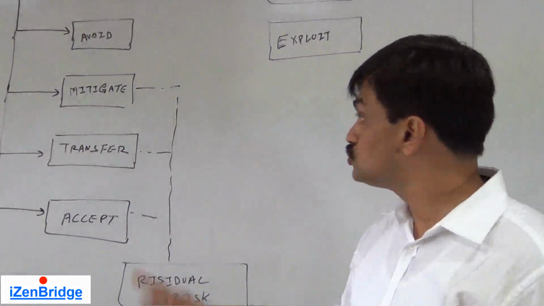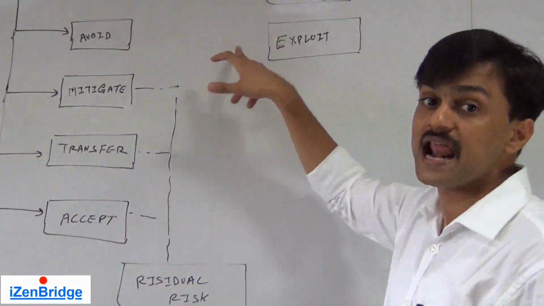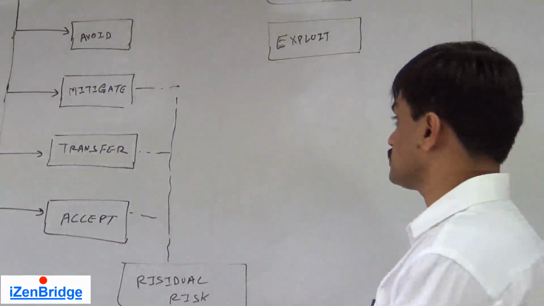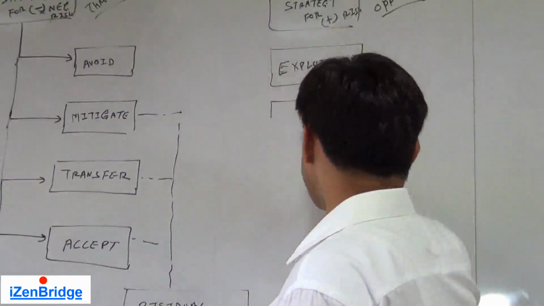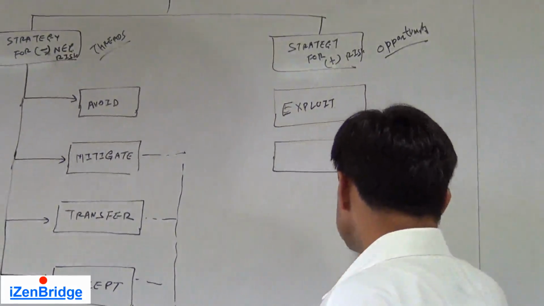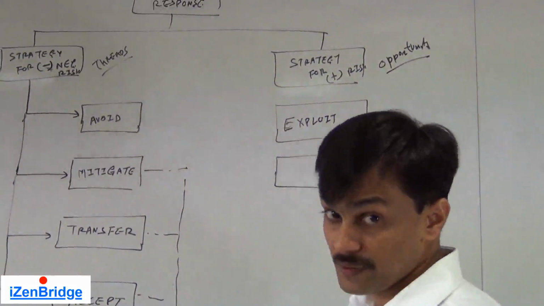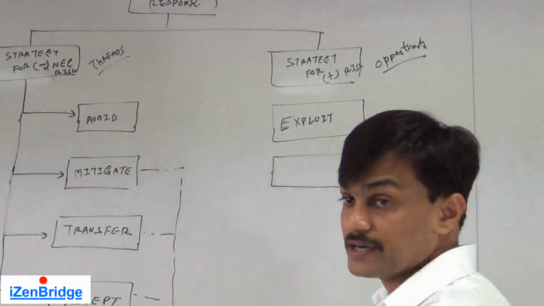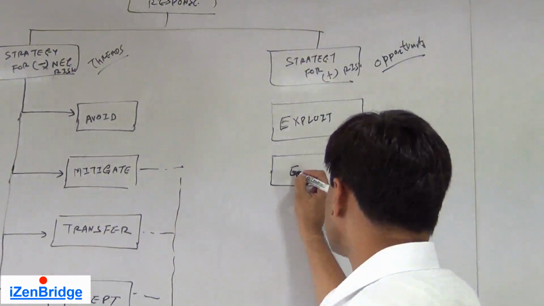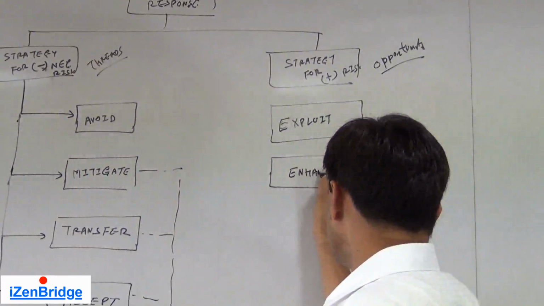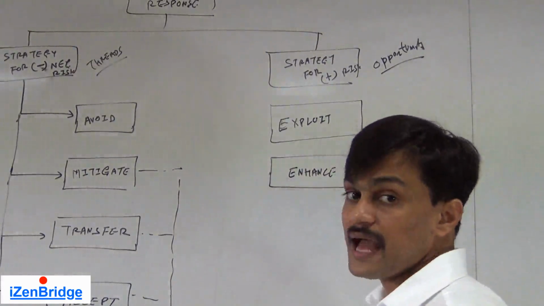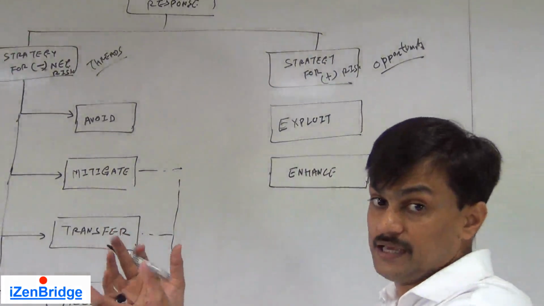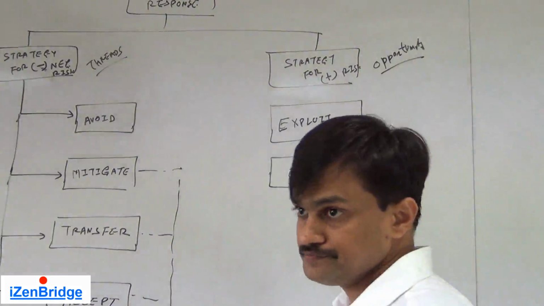Do something so this opportunity becomes reality. If you cannot make it reality, try to do something which increases the probability or the outcome impact of this risk, which is called enhance. Enhance the probability of it happening, enhance the impact.